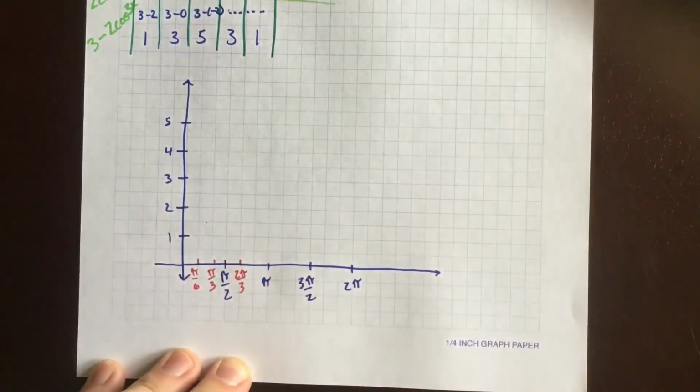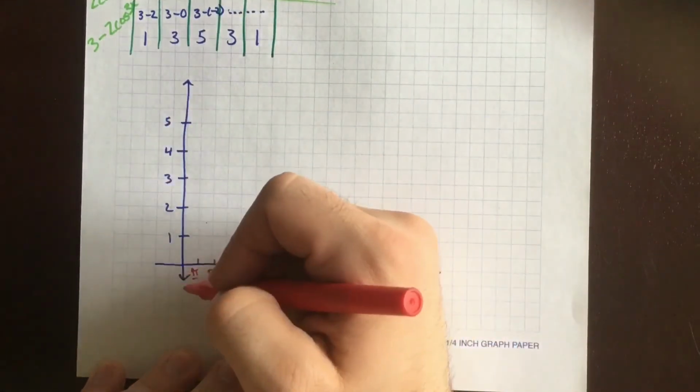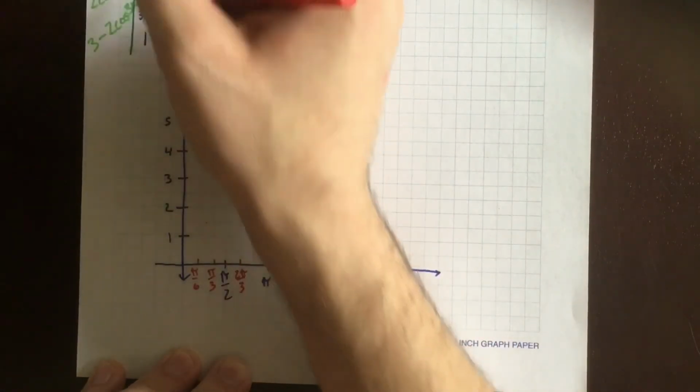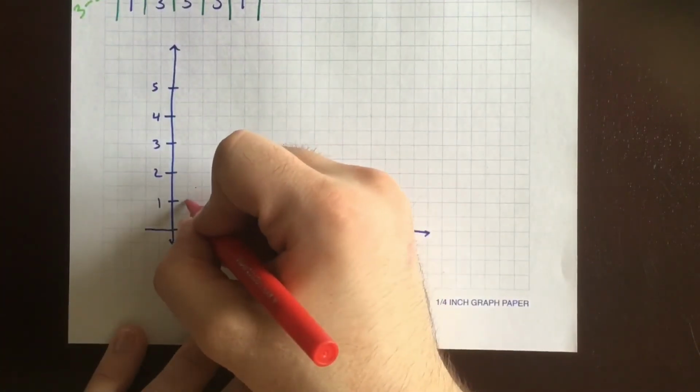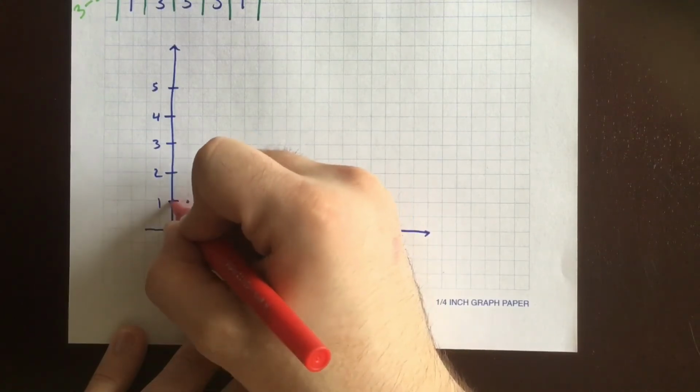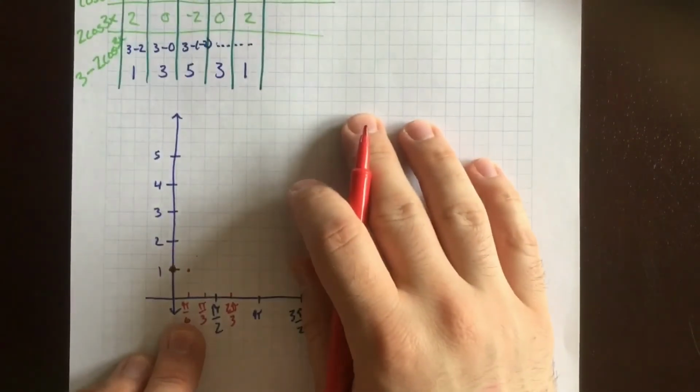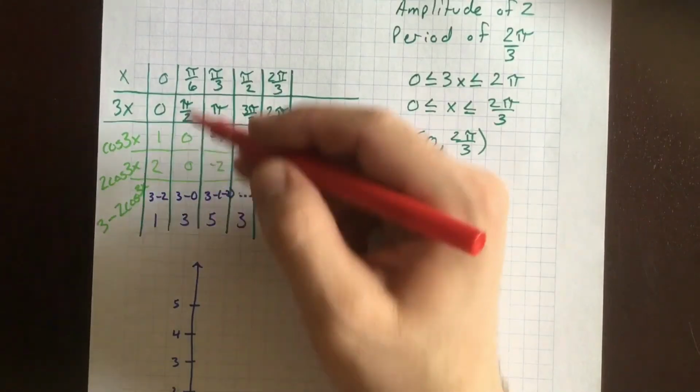At 0, we're at 1. At pi over 6, we're at 3.